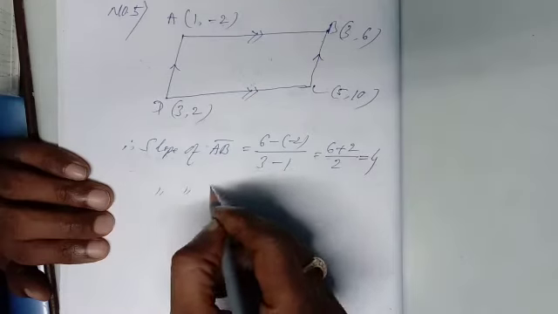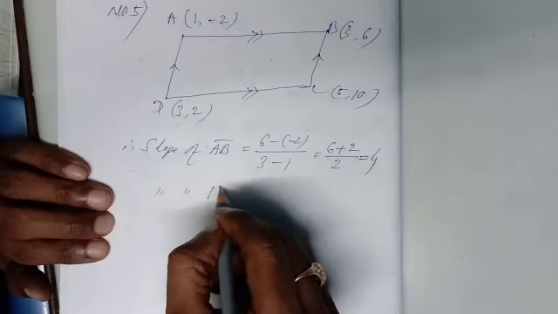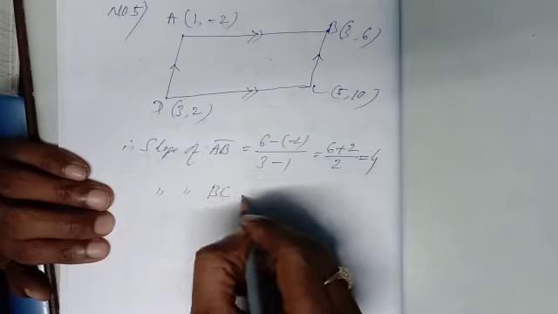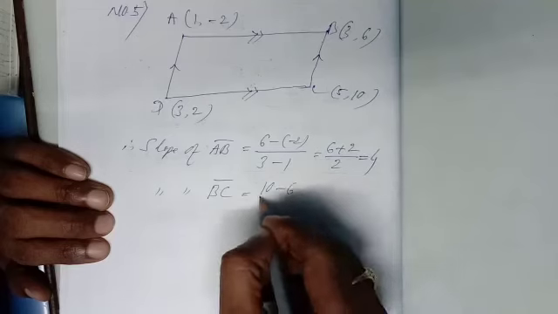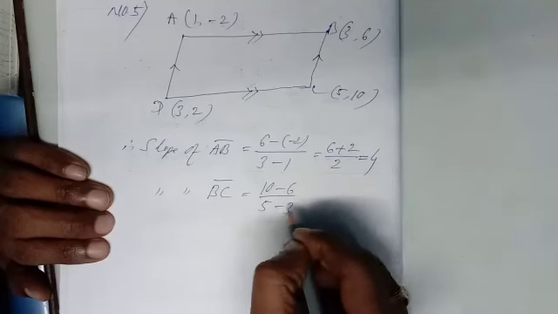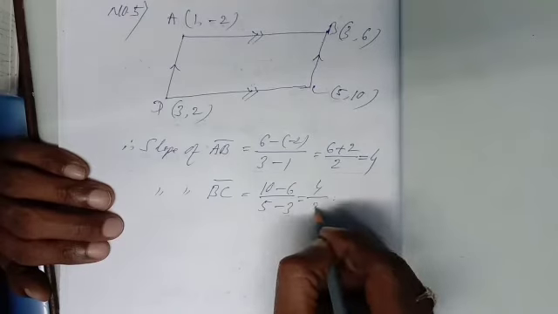And slope of BC is y2 minus y1 by x2 minus x1: 10 - 6 by 5 - 3, that is 4 by 2.